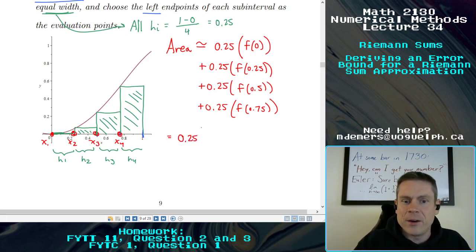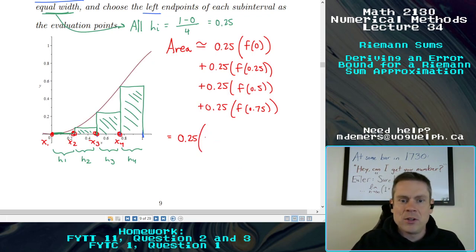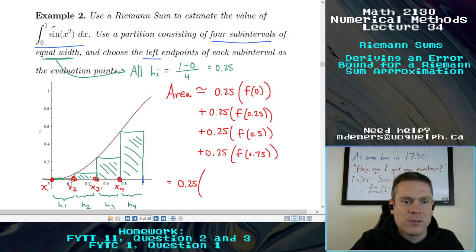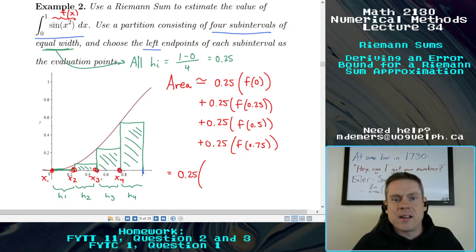And so that's going to end up being 0.25. I could factor that out of all of those, and we're going to get here, what's the f? This is my f, sine of x squared. So this is f of x right there. And we're going to take sine of 0 squared. Looks like it's going to be 0. We can see that there's a height of 0 there, so it makes perfect sense.